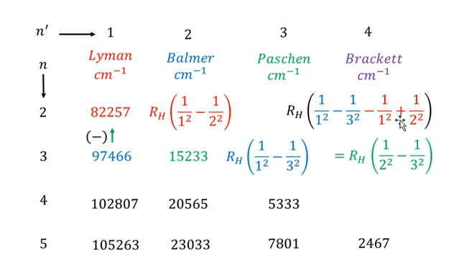Due to the subtraction, you have a plus sign over here. If you subtract, the first term in blue will be cancelled with the third term shown in red, and then rearranging these terms in green, you will get the Rydberg constant, and in the parentheses 1 over 2 square minus 1 over 3 square. And you see that this formula is actually the Balmer formula, and this explains the green term over here.